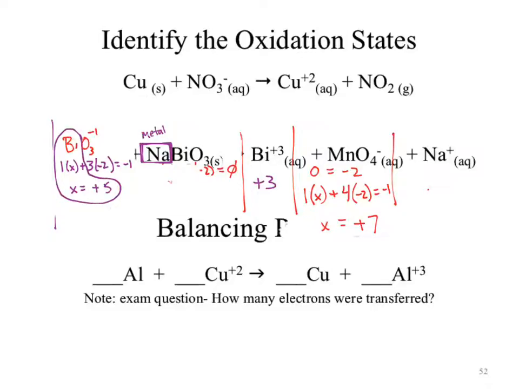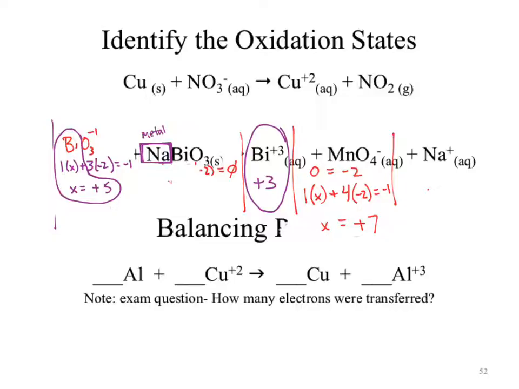Was that a +5 and it became +3? To go from a +5 to a +3, what happened? It had to gain 2 electrons. For those of you saying loss, remember your electrons are negatively charged. If you lose negative, you become more positive. Here we're becoming less positive.